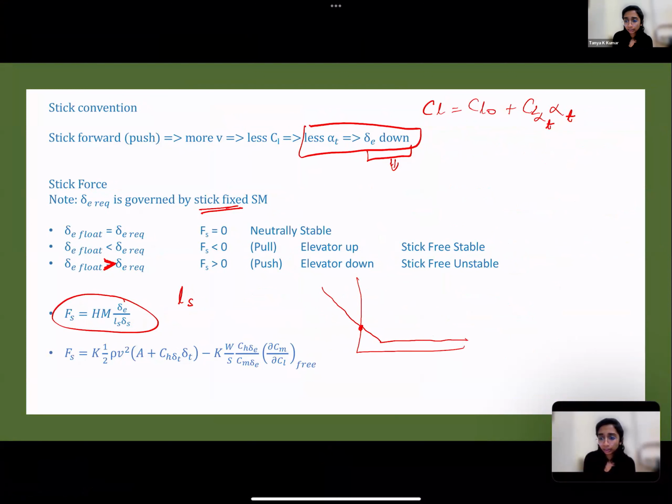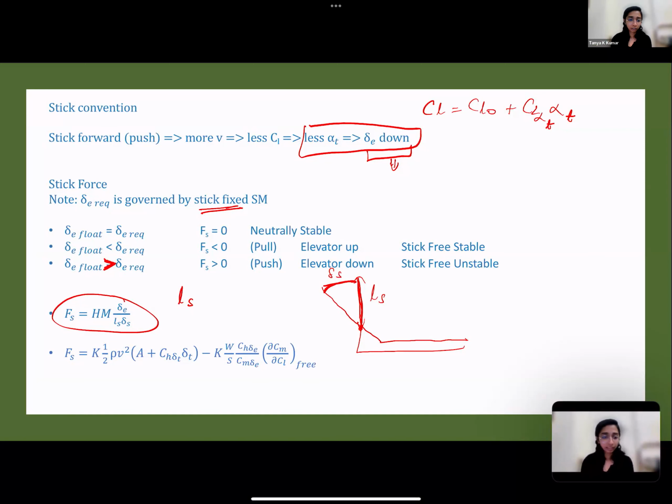The angle of how much we push or pull the stick is delta S. So this length of the stick, from the hinge point to the stick, is LS. And the angle, yes, you're right, is delta S, how much we push or pull the stick.